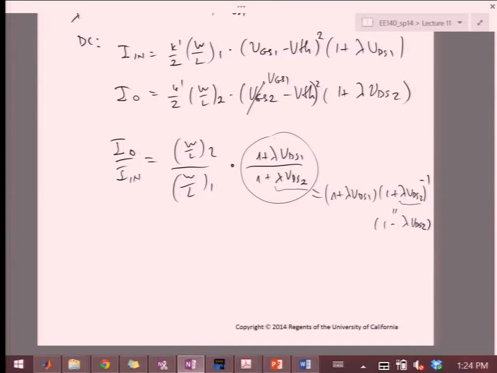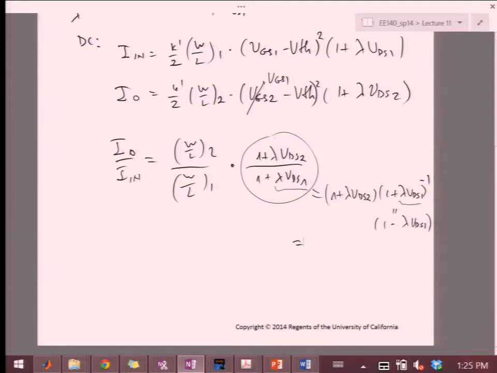This is VDS2, this is VDS1. Okay, so I can represent this 1 plus lambda VDS1 to the minus 1 as a difference of 1 minus lambda VDS1.